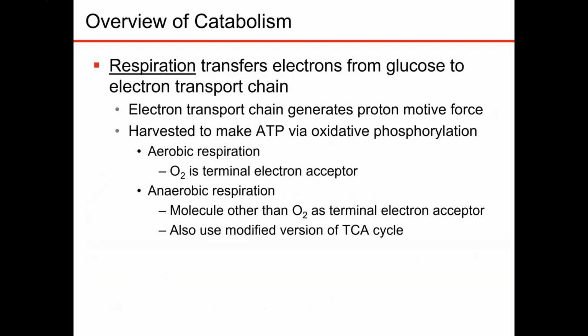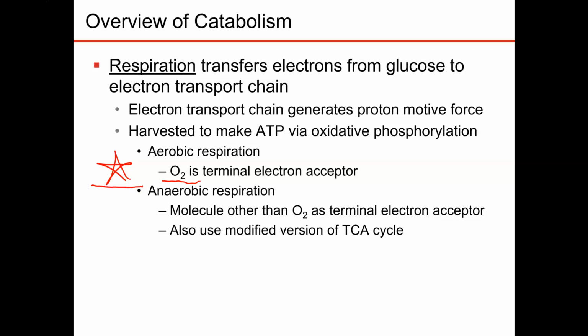So respiration in a nutshell is the transfer of electrons from glucose to an electron transport chain. In aerobic respiration, oxygen is the terminal electron acceptor. This is what you learn in general biology, in anatomy and physiology, and this is mainly what we talk about in microbiology. The majority of microbes that we are dealing with can utilize aerobic respiration.